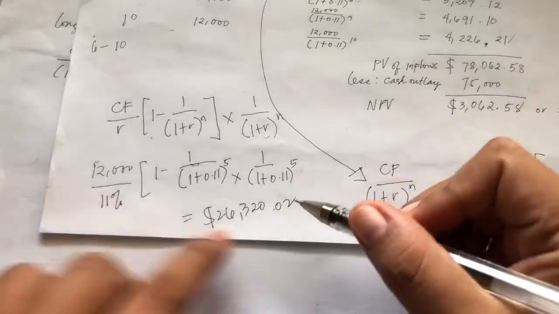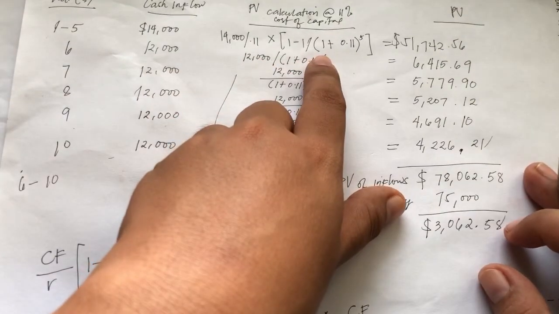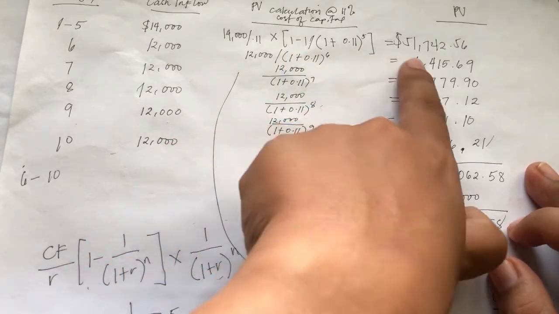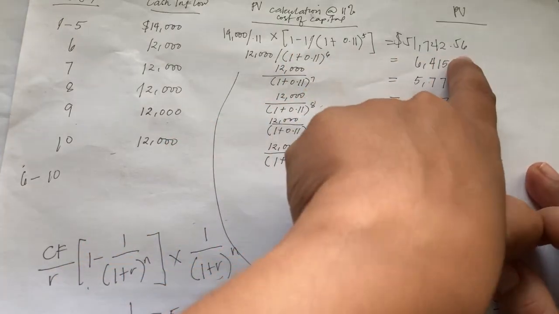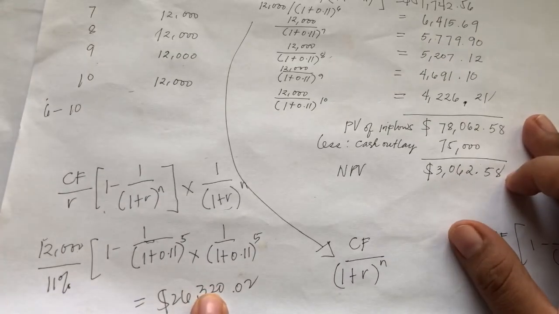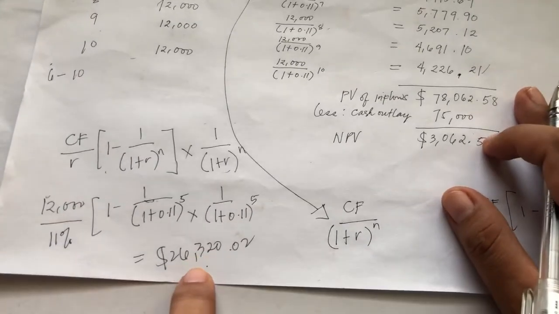So, if i-add nyo to dun sa first cash flow natin sa first 5 years, which is 51,742.56, plus eto yung sagot nyo dito from year 6 to 10, which is 26,320.02.